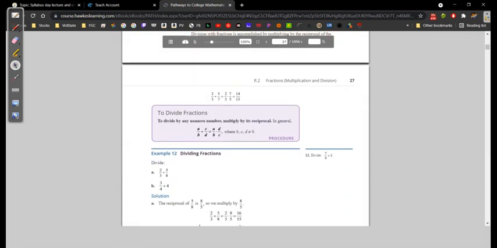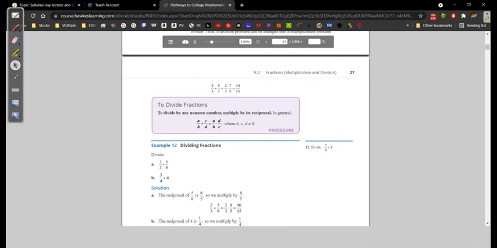Okay. Now to divide fractions, this is a big deal, and we're going to snip this along with our example here. So to divide by any non-zero number, multiply by its reciprocal. In general, right, we see this. A over B divided by C over D is equal to A over B stays the same, okay?